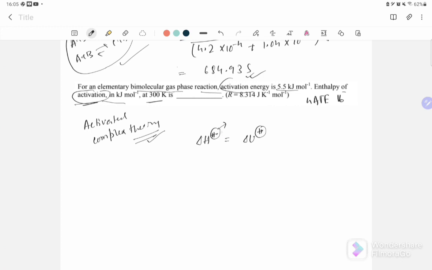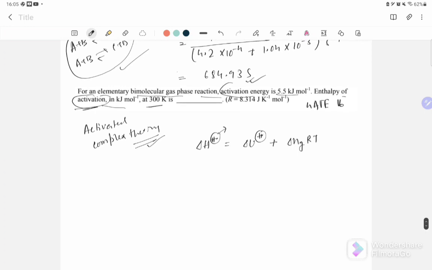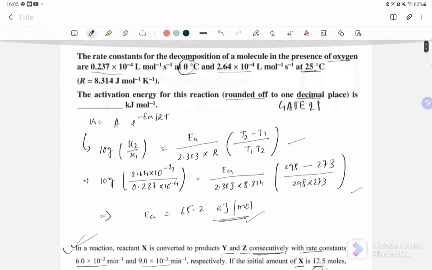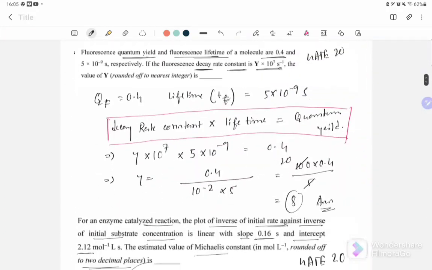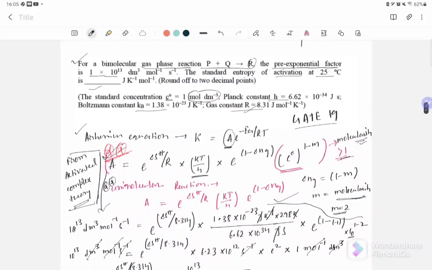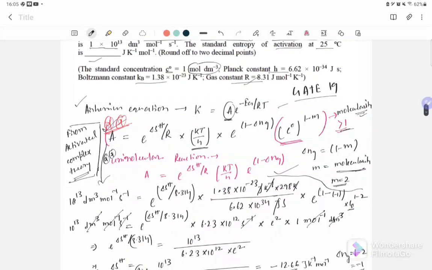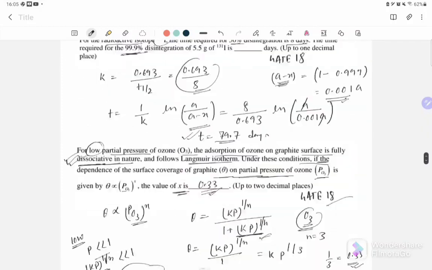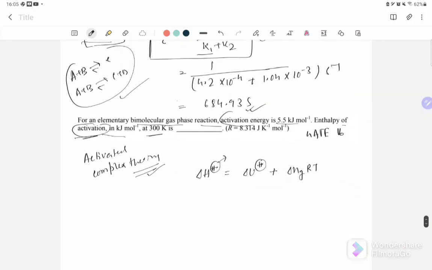for the activation only, this will signify the activation, plus delta n g RT. Here delta n g, same thing, this is also activated complex theory.